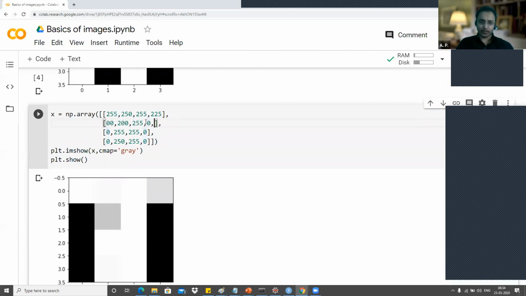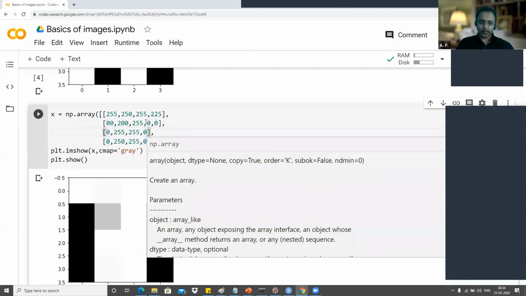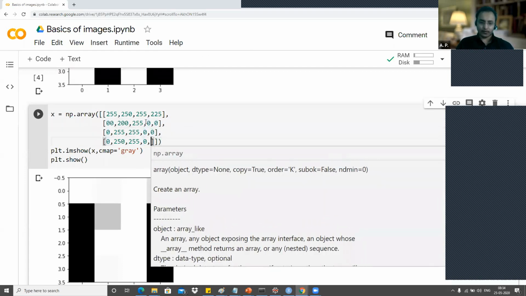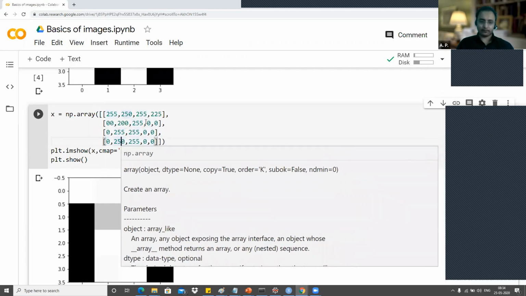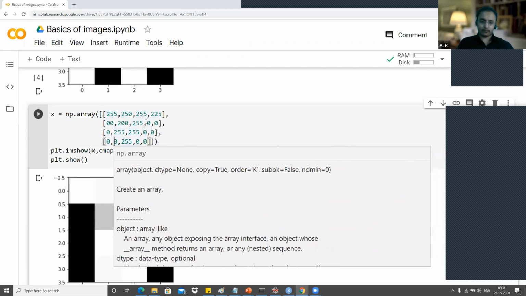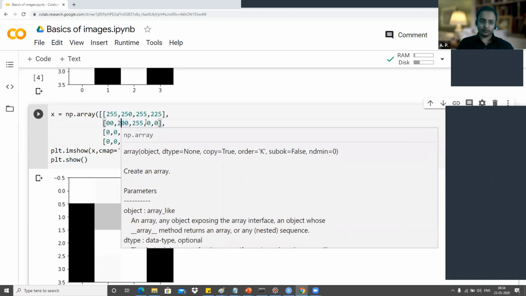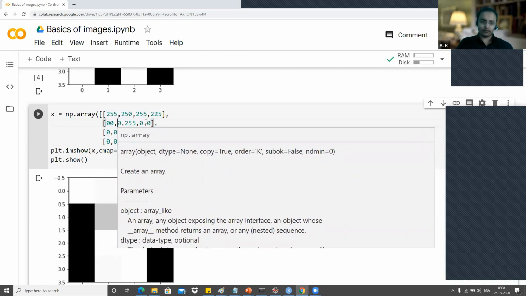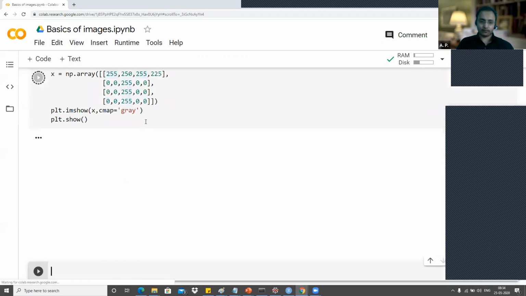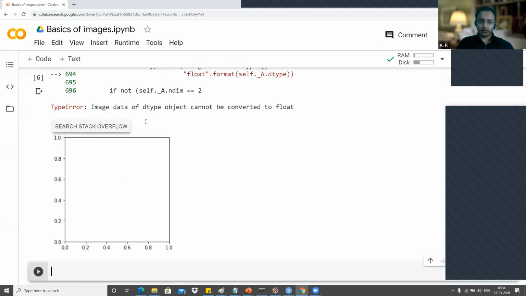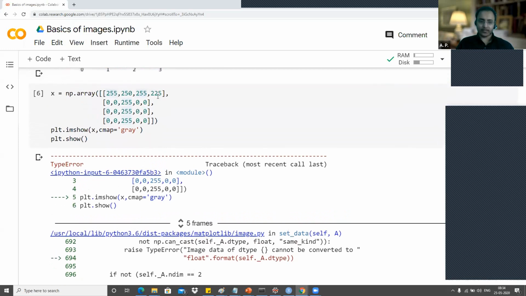So let me do one thing, comma 0 and comma 0, comma 0, and I forgot to pass a value here as well, which is, let's say, 255.